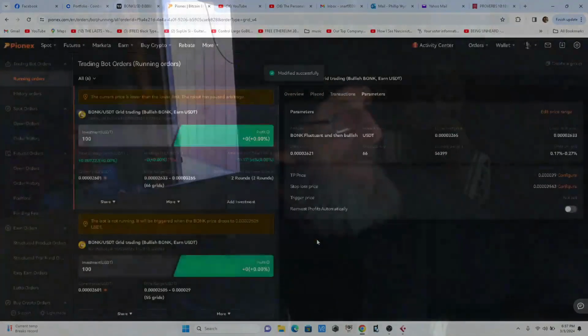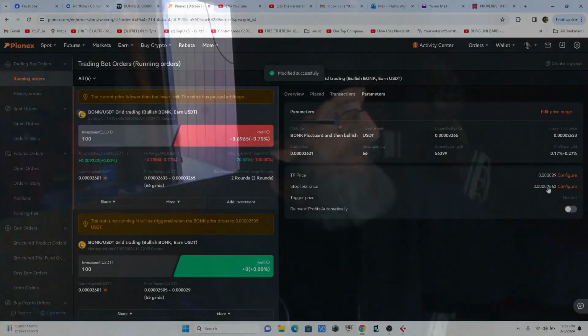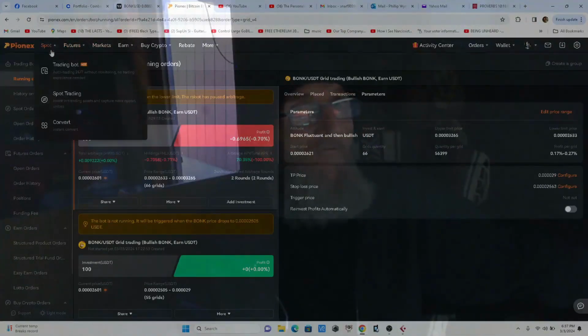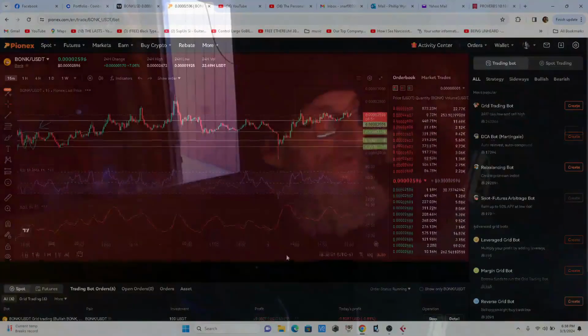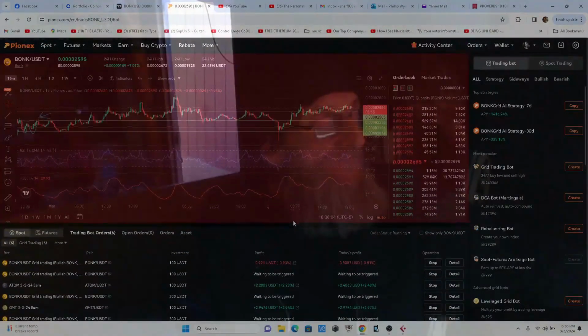Okay? Now we got a stop loss on that so it doesn't drop below that price. It'll shut off and sell everything. And if it gets to the 29 peak, it'll sell everything and shut the bot off. Okay? That's how you do your stop losses.